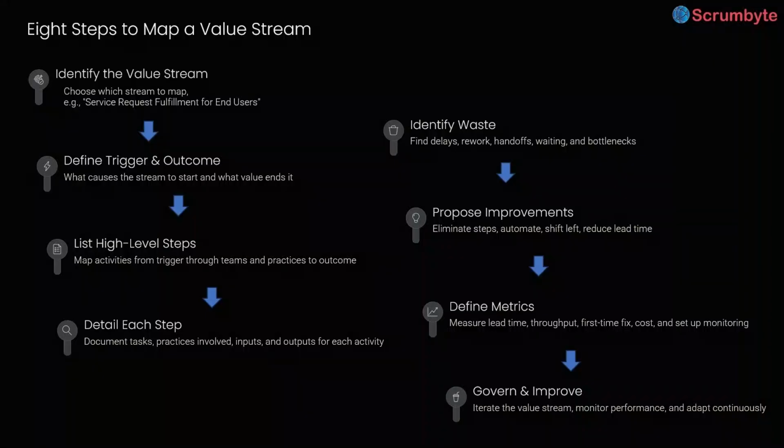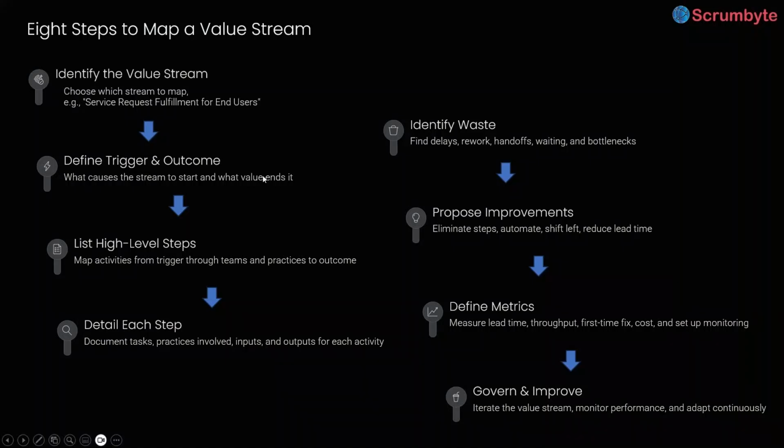So here there are key things which are very self-explanatory. I think you would have understood it by reading through this. It is nothing but identifying the value stream, finding the trigger. That's very important. How can you start a value stream? You need something that triggers a demand, right?